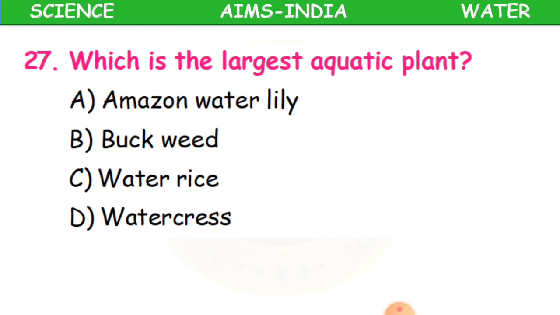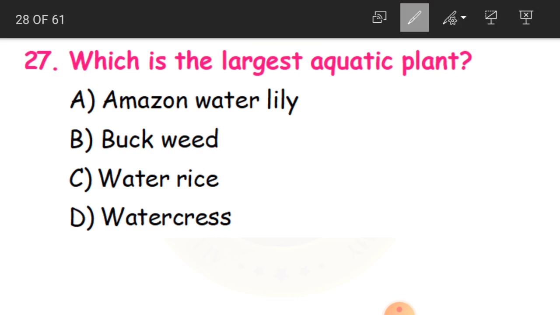27th question. Which is the largest aquatic plant? Whereas all these plants are aquatic plants only, but which is the largest one that we have to identify? Okay, children. So either Amazon water lily, or buckwheat, or water rice, or watercress. So it is Amazon water lily.